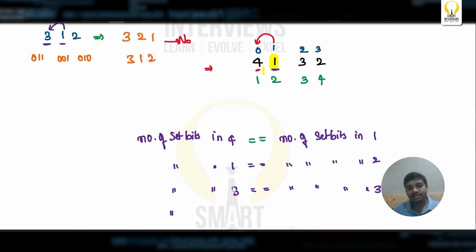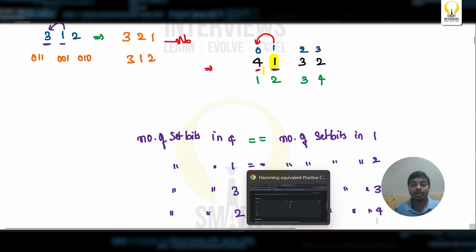Exactly, the number of set bits in 2 should be equal to the number of set bits at the fourth index, the value 4. If this is satisfied, I can simply print true, or else print false. Hope that is clear. Let us convert this logic to code and see what we get.